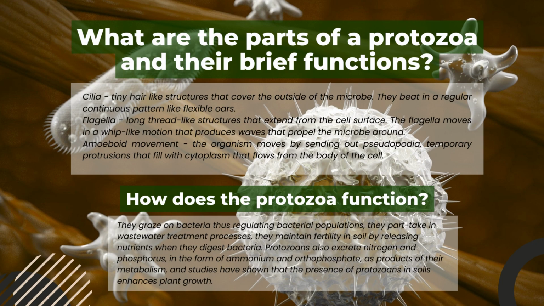They maintain fertility in soil by releasing nutrients when they digest bacteria. Protozoans also excrete nitrogen and phosphorus in the form of ammonium and orthophosphate as products of their metabolism. And studies have shown that the presence of protozoans in soils enhances plant growth.